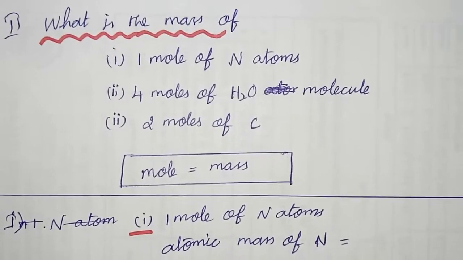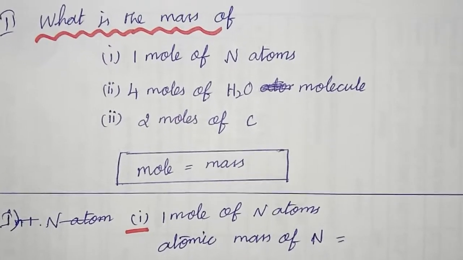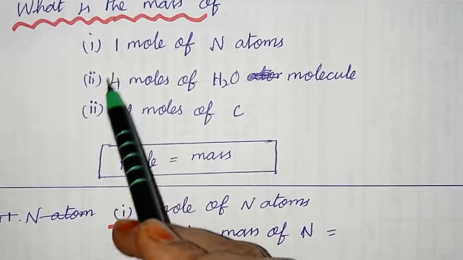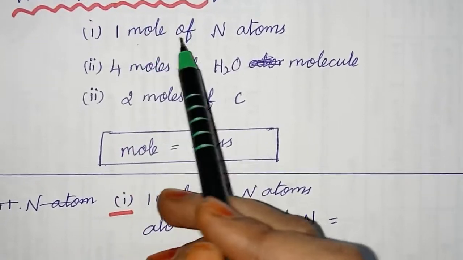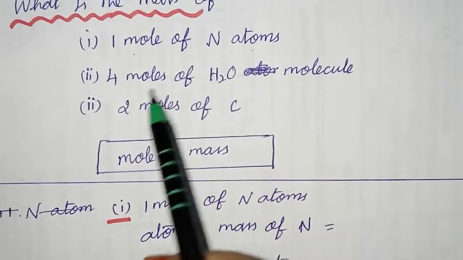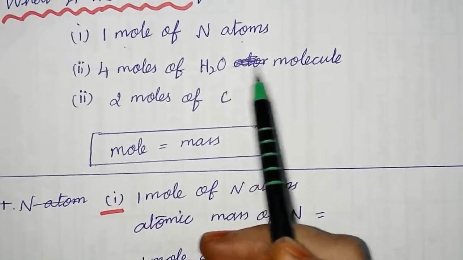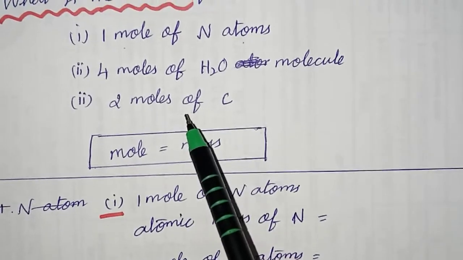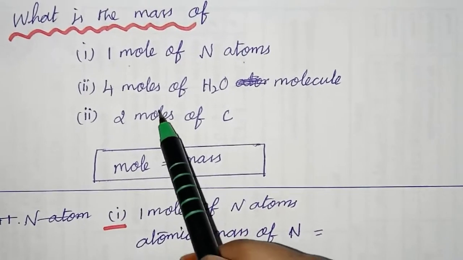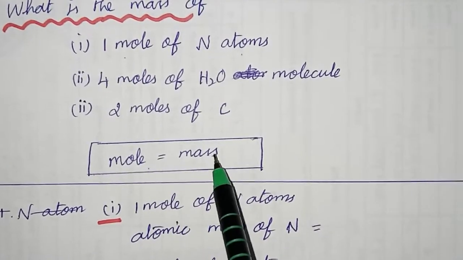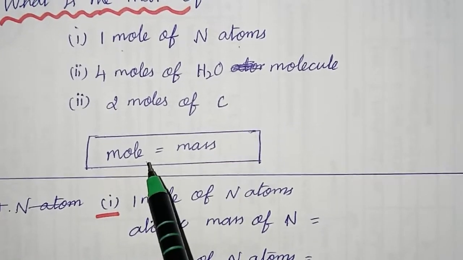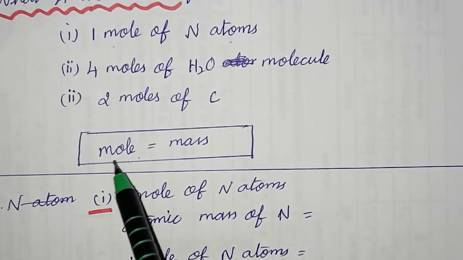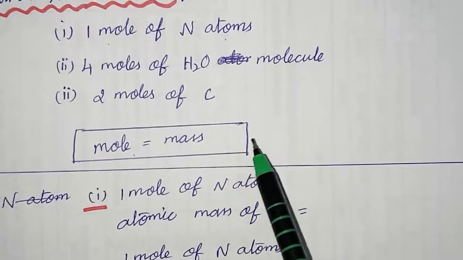Okay, next kind of question is, what is the mass of the following? That means what is the mass of 1 mole of nitrogen atom, 4 moles of water molecule, and 2 moles of carbon atom. So we have to convert the mole into mass. In a molecule, 1 mole is equal to molecular mass in grams.